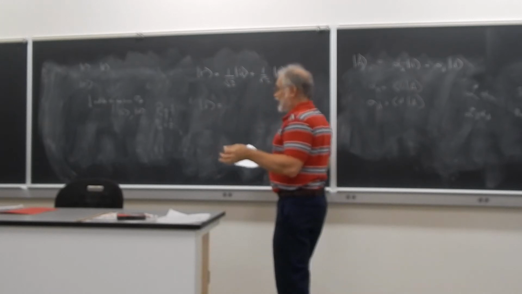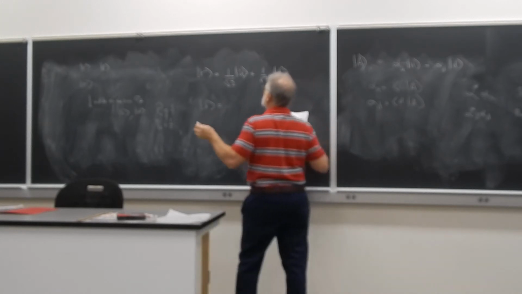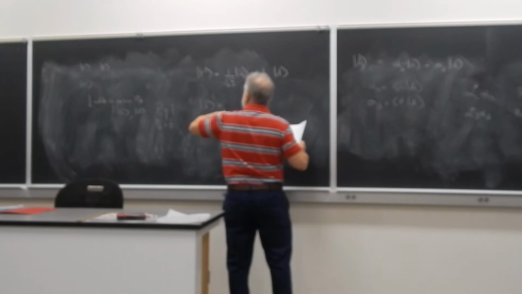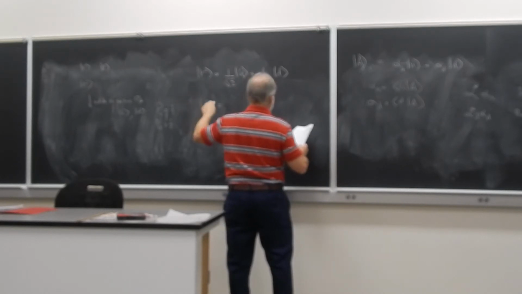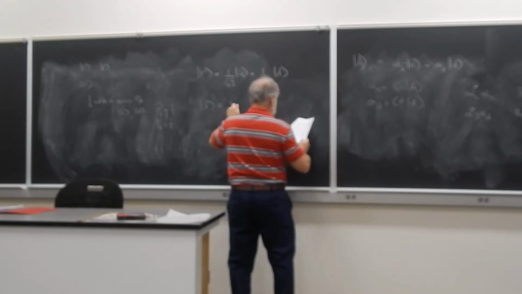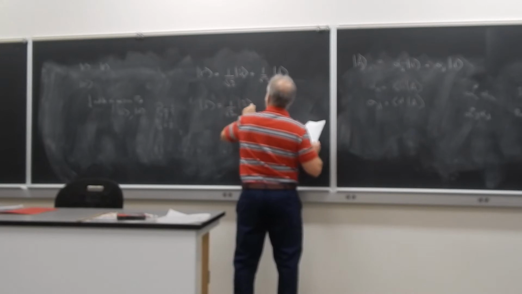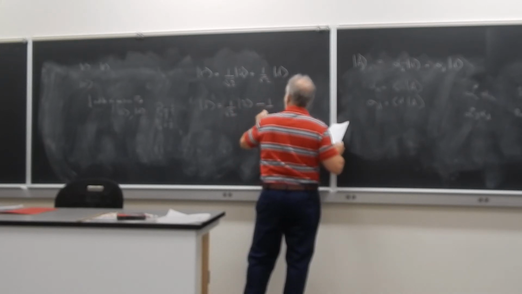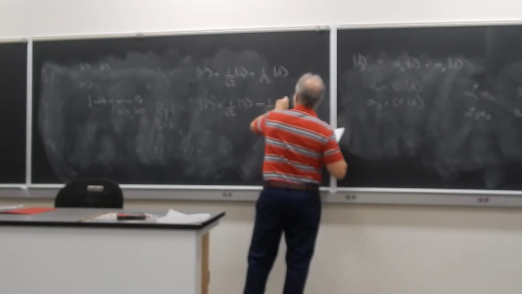The probability of being up is again the same as the probability of being down when I measure the spin along the z-axis. So another equation that would work would be 1 over radical 2 U minus 1 over radical 2 D.